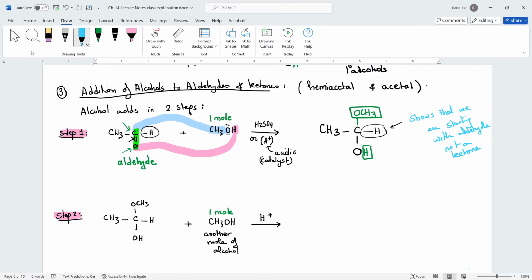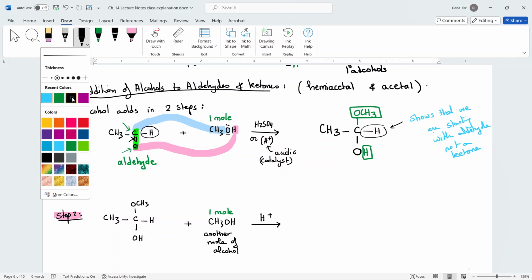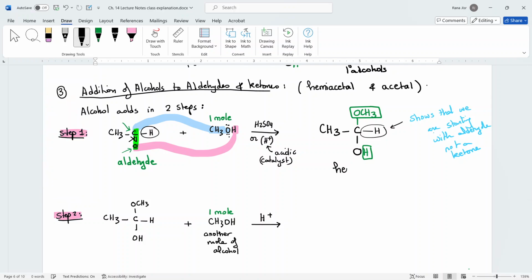Okay? Now, this product has a name, and that name is called hemi-acetal. Okay? It's a part acetal. It's a hemi-acetal in there. So a hemi-acetal is an organic compound that has on the same carbon an OR and an OH.